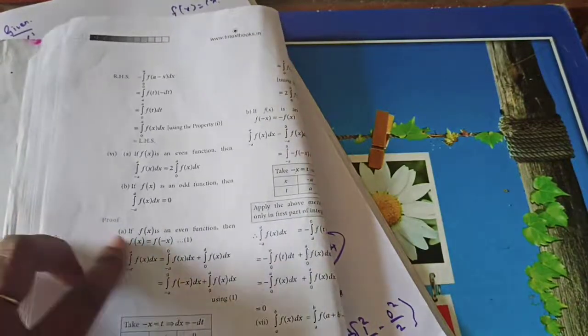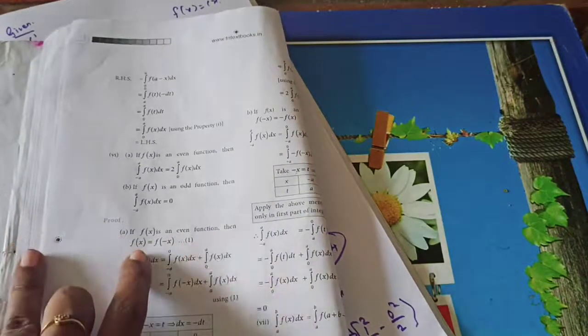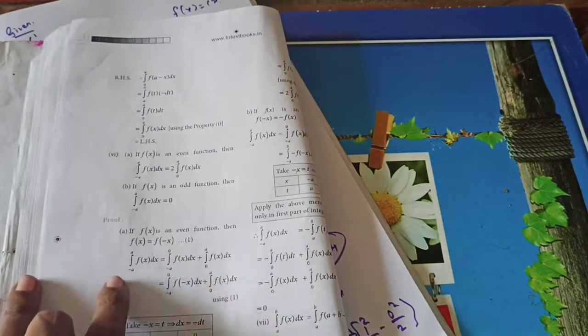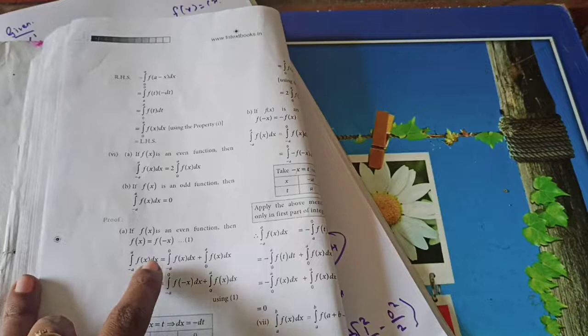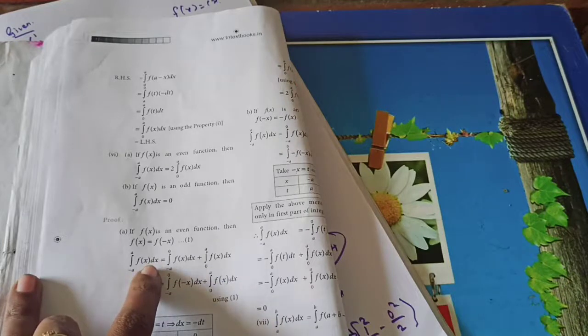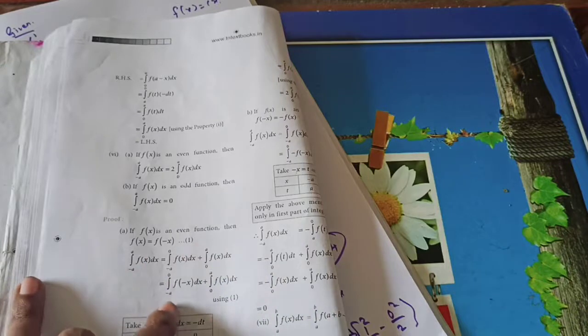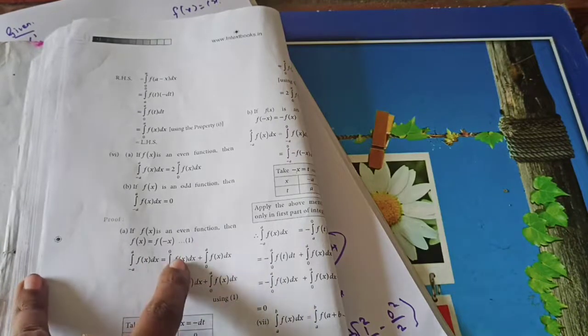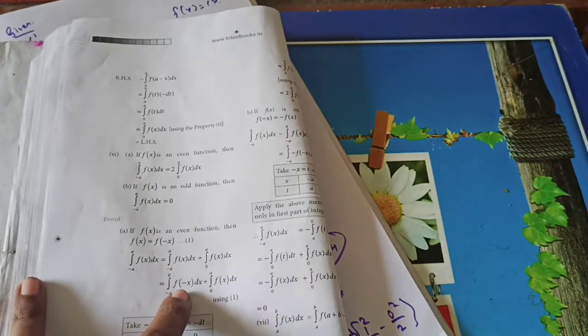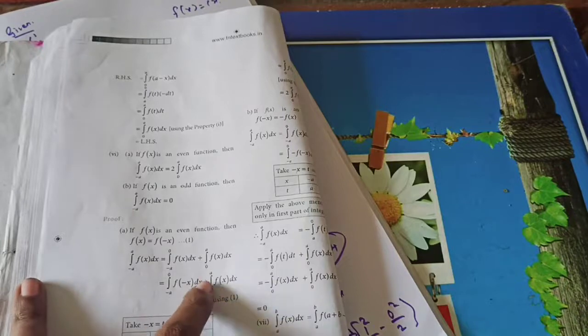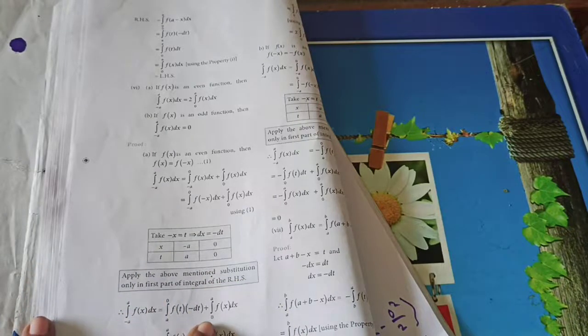Okay. Then if f of x is an even function, then f of x is equal to f of minus x, as you have learned in the previous section. So integral of minus a to a f of x dx, how will you split it? As minus a to 0 and 0 to a. Then for minus a to 0, this f of x can be written as f of minus x. Already I taught you how to find the new limit and apply it.